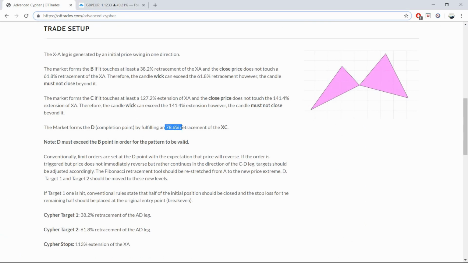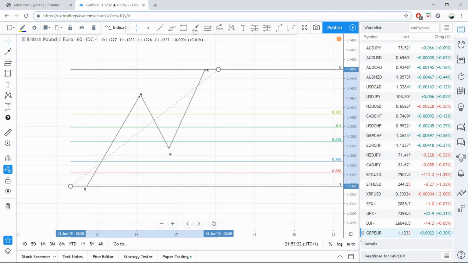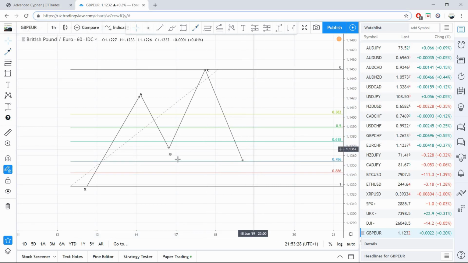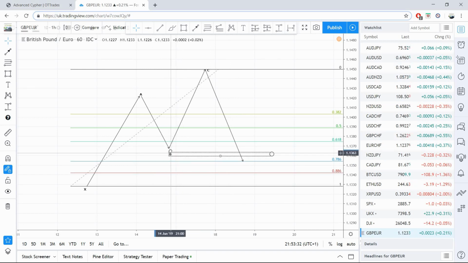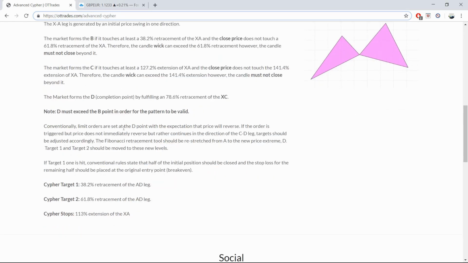So D point forms a 786 retracement of the X point to the C point. So our 786 level comes in to here. This 786 level, the D point must exceed B in order for this pattern to remain valid. D point must exceed B.